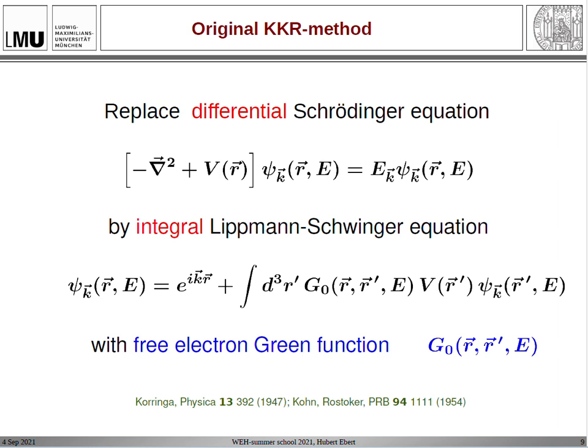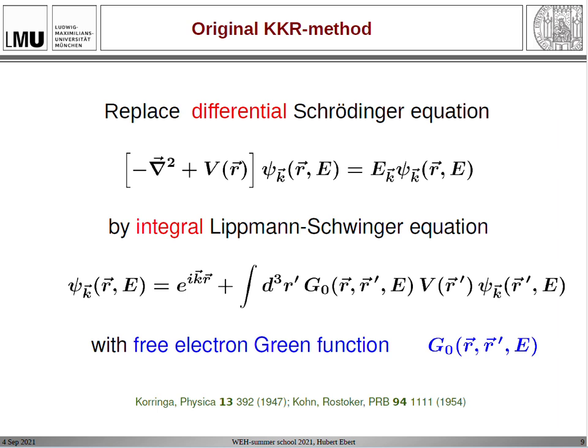And their aim was to solve the equation we have seen so far, once more given here, for the solid, by replacing the differential Schrödinger equation by another equation, namely an integral equation called the Lippmann-Schwinger equation.